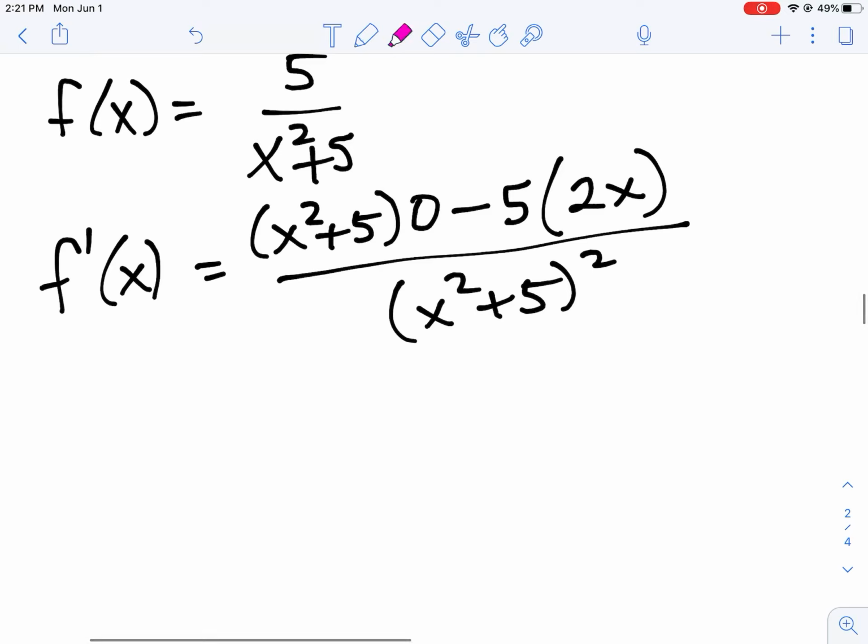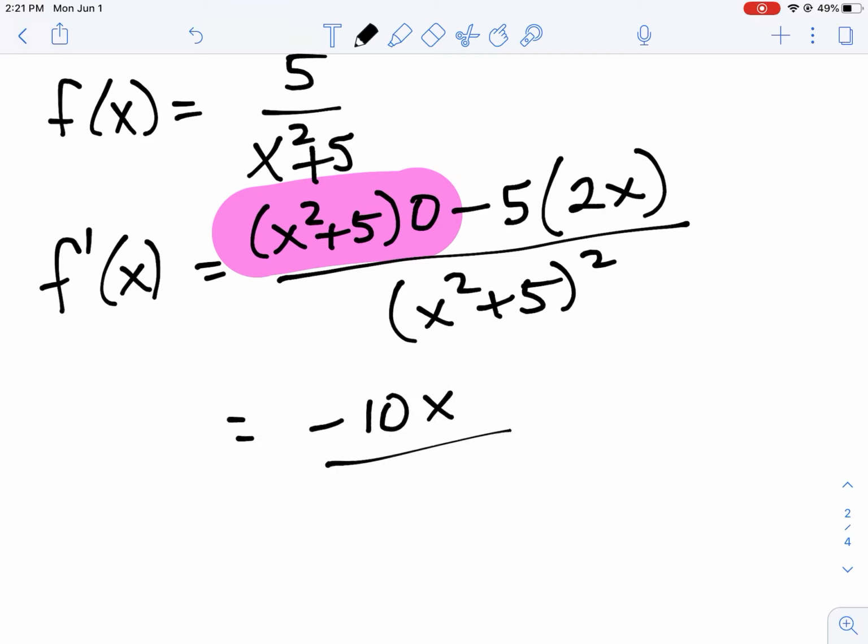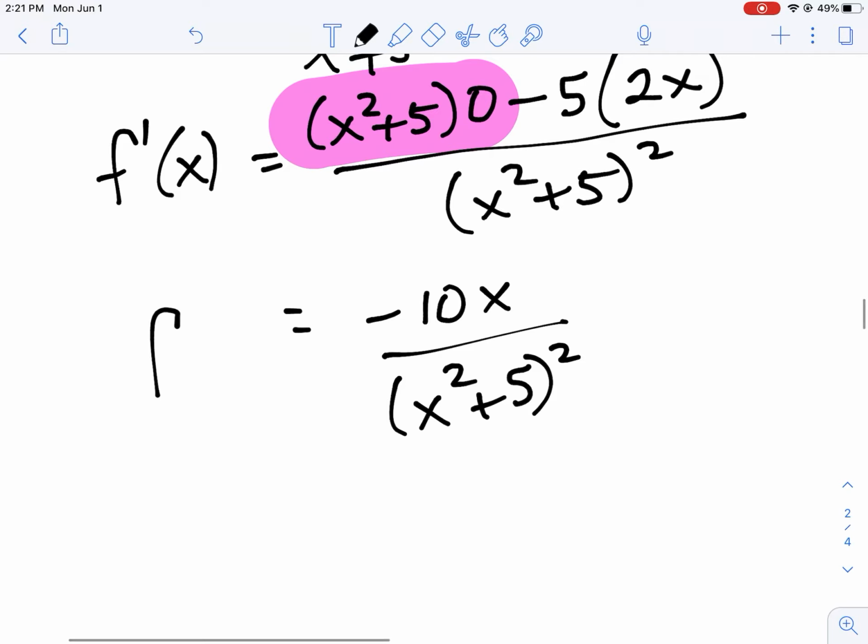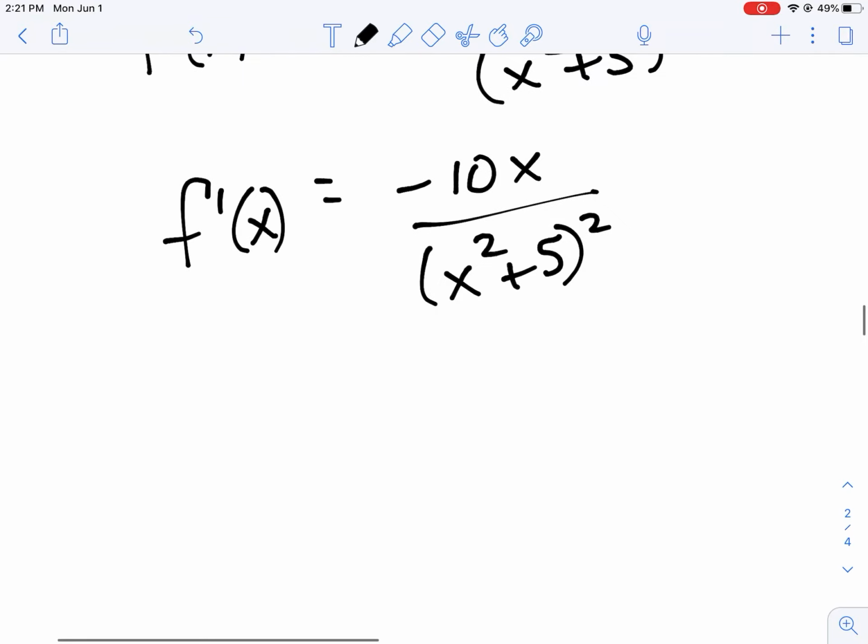This first bit is going to be 0. So this is going to be negative 10x over x squared plus 5, squared. That's my derivative.